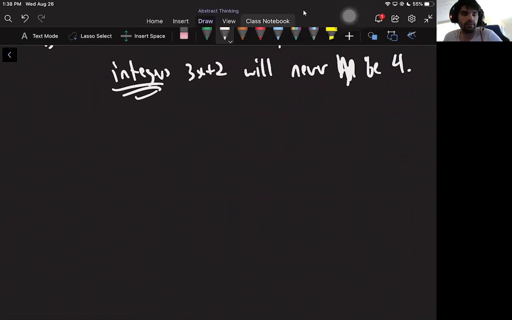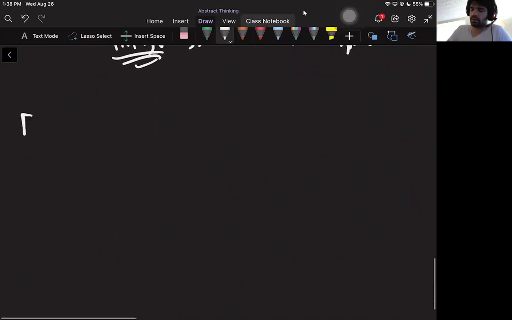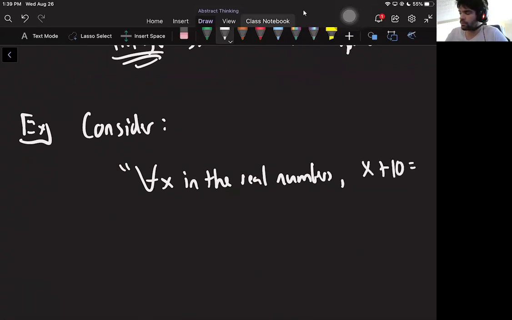Okay, so now let's go the other way and let's think about something like this. Consider the statement that for any x in the real numbers, x plus 10 equals 3.